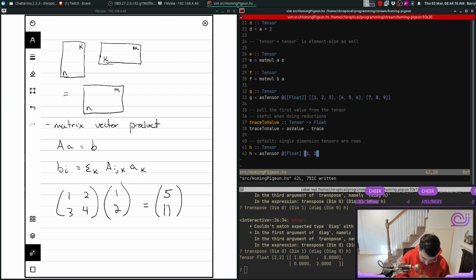The summation goes over the second index of the matrix if the multiplication is capital A, lowercase a, with a column vector A. If the dimension of A is n, and A is dimension m comma n, then B has dimension m. Special case is when A has the dimension m equals 1, which gives a scalar for AA. That makes sense. So if m equals n, then the matrix A transforms a vector.